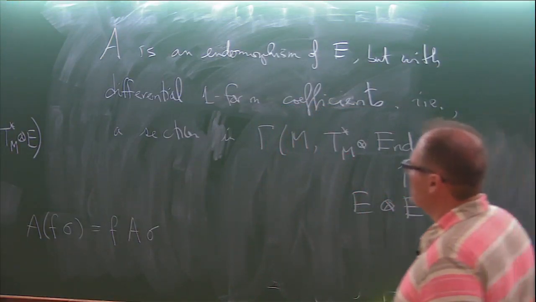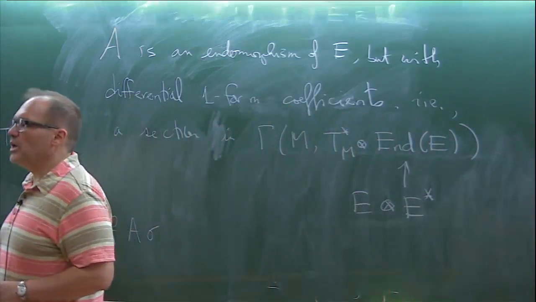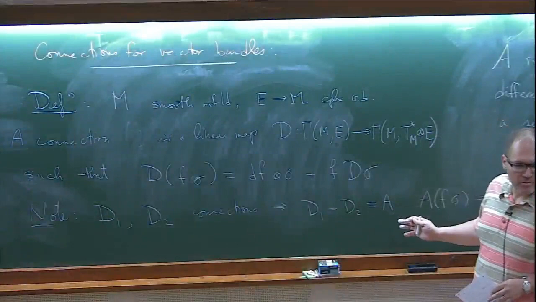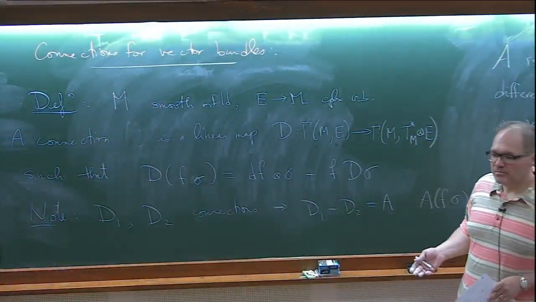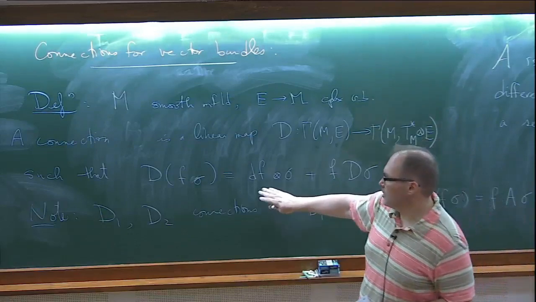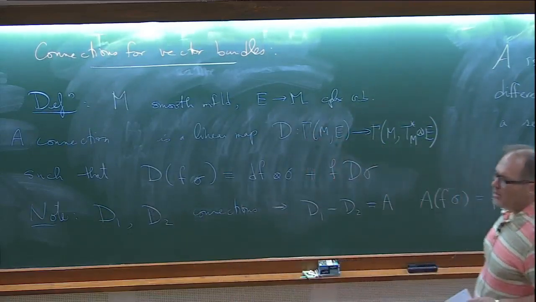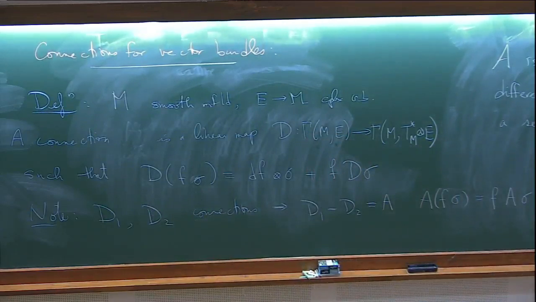Conversely, if you've got a connection, you can add to it such an endomorphism, and you'll get a new connection. So you can check that this Leibniz rule would be satisfied if you replace D by D plus A. And so any two connections always differ by such an endomorphism, and conversely, the set of endomorphisms gives you all possible connections.